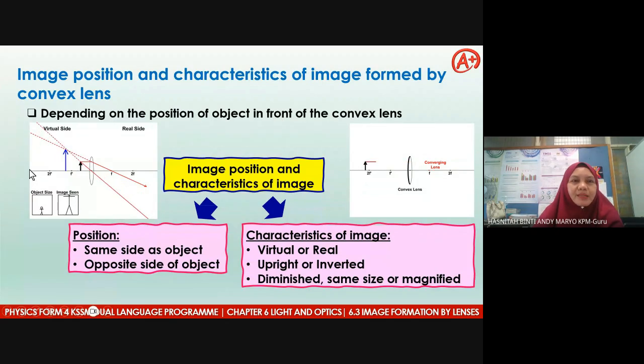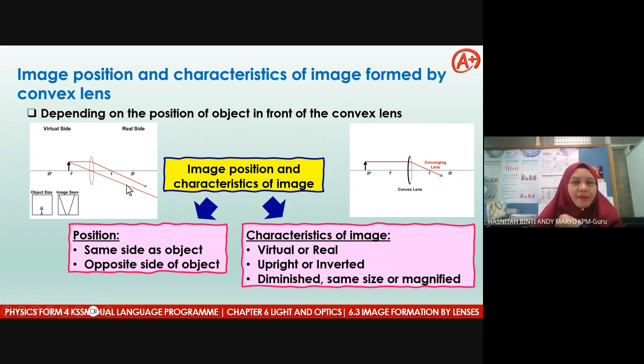Later you will see there are 6 different positions where we can place the object in front of the convex lens. Here you can see when the object distance varies, the image distance also varies.